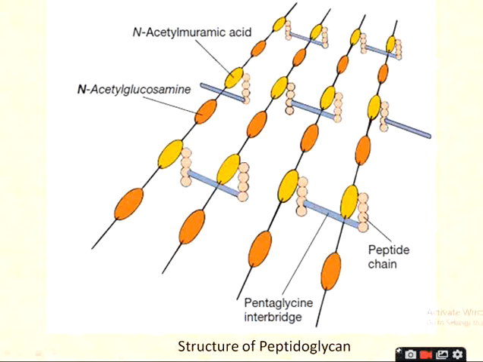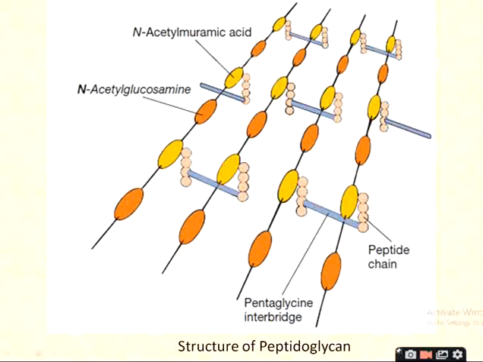There are two carbohydrate derivatives, which together form the disaccharide, and to this disaccharide a peptide chain is attached, and they form this type of structure.